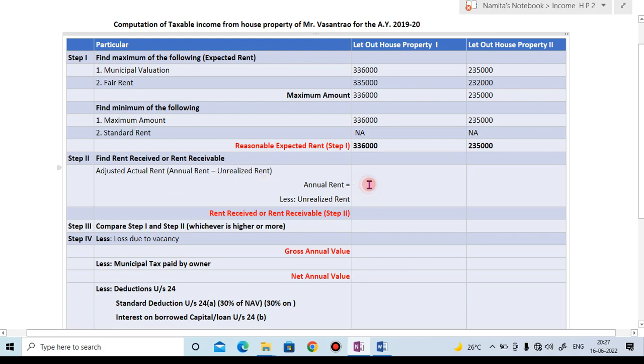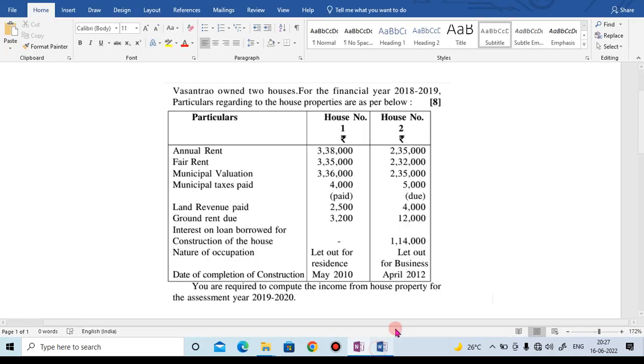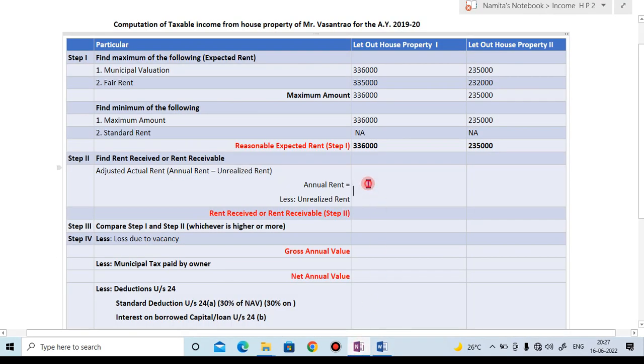Okay, now for house number 1, check in the question how much is annual rent. So annual rent for house number 1 is 3,38,000 and for house number 2 annual rent is 2,35,000.